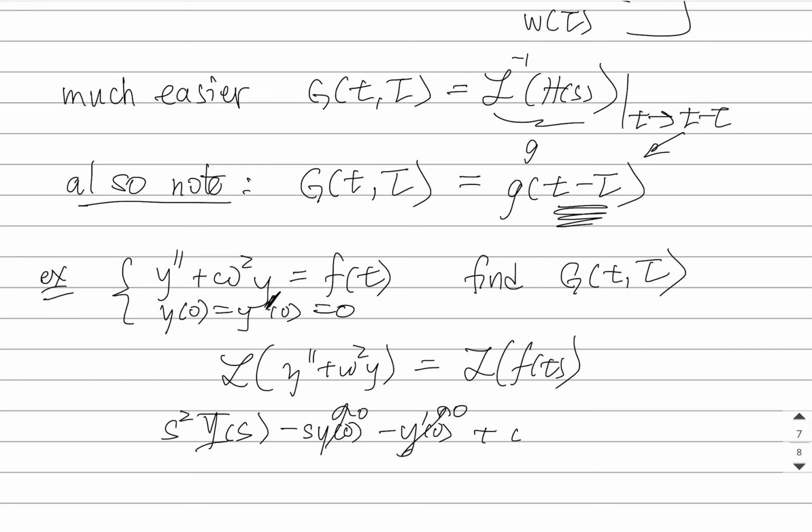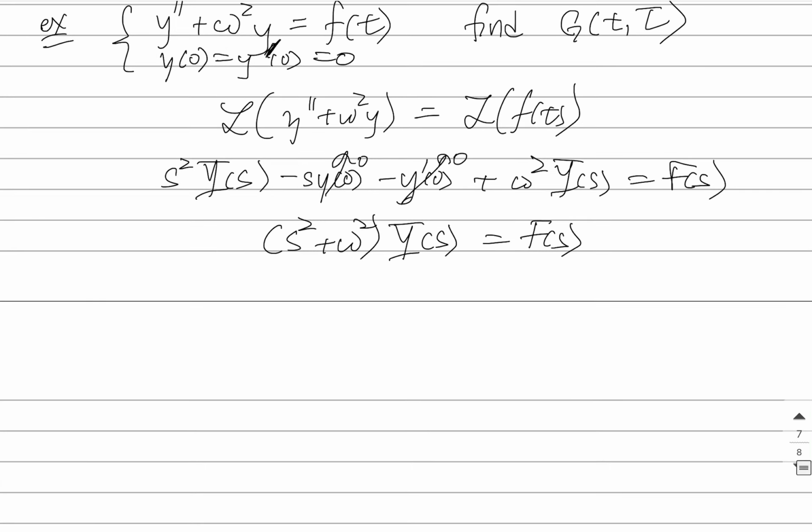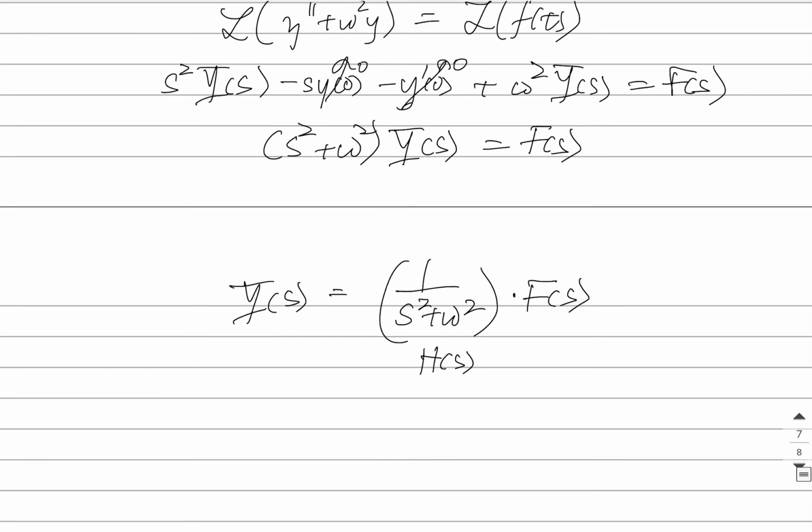Plus omega squared capital Y of s is F of s. s squared plus omega squared times capital Y of s is big F of s. And so big Y here is going to be 1 over s squared plus omega squared. That's the transfer function, and it's going to be multiplied by the transform of the driving function.